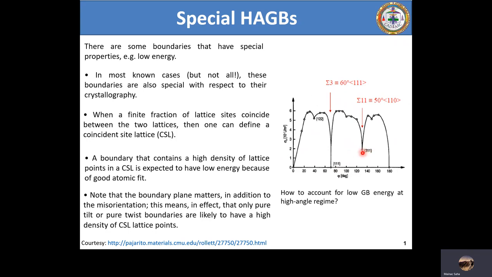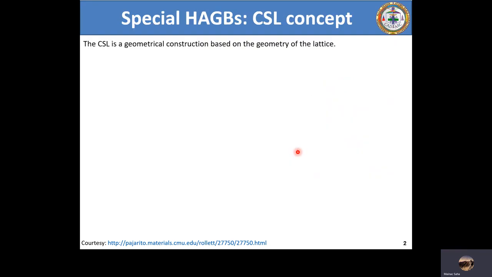That appears at very specific misorientations; it does not follow a hump or a range of misorientations. Only at a discrete misorientation angle and a discrete grain boundary plane does the grain boundary energy attain a minimum, even in the high angle regime. So what we have to understand now is the CSL concept.